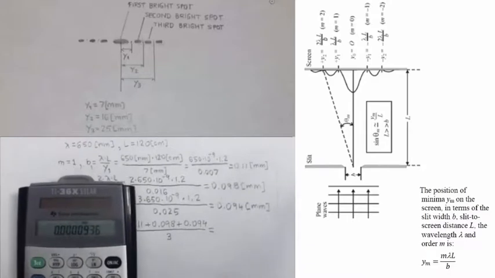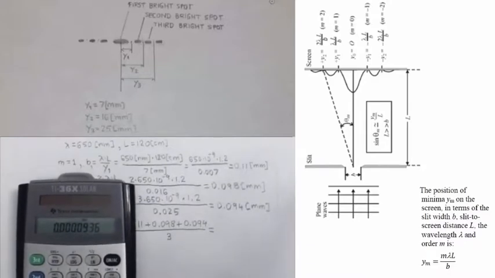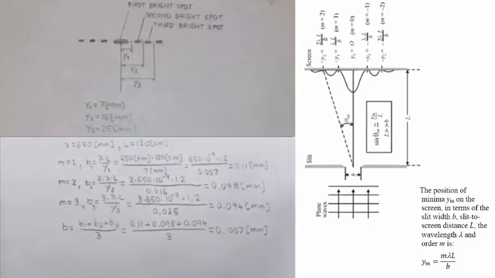Again, using calculator, we have 0.11 plus 0.098 plus 0.094 over 3 gives us a value of 0.1007 millimeters. So this is our calculated value for the B based on our measurement.